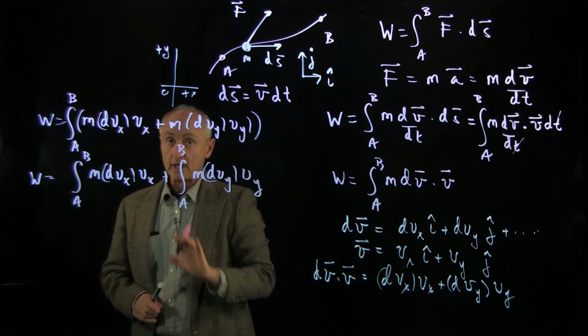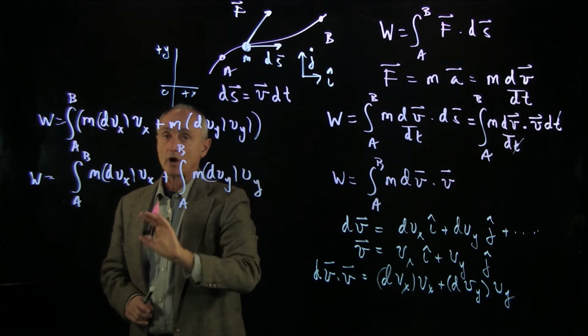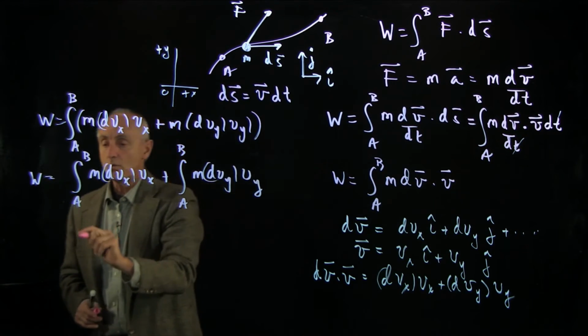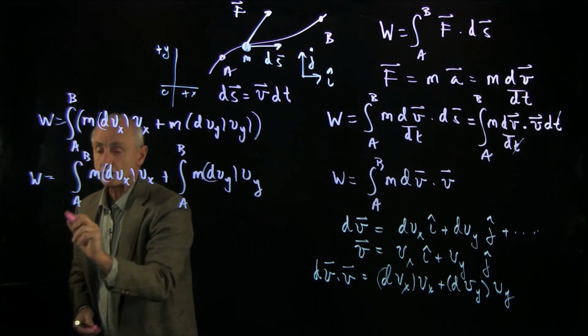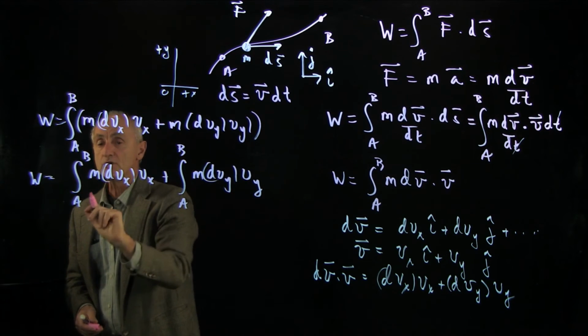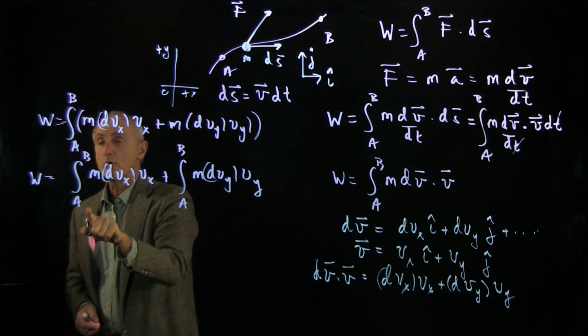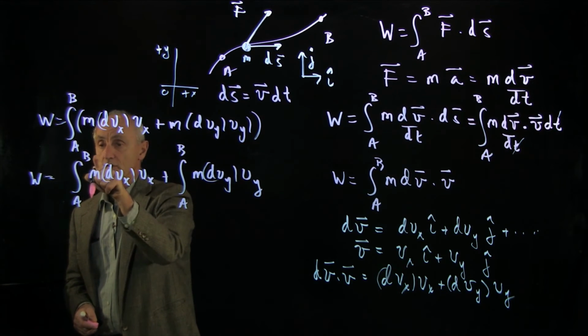And if you recall, in 1 dimension, we used our integral formula. This is just vx squared over 2. And when we integrate them, what we have to look at is the endpoints of our integral. What we're integrating is the velocity, and we're going from some initial value to some final value.